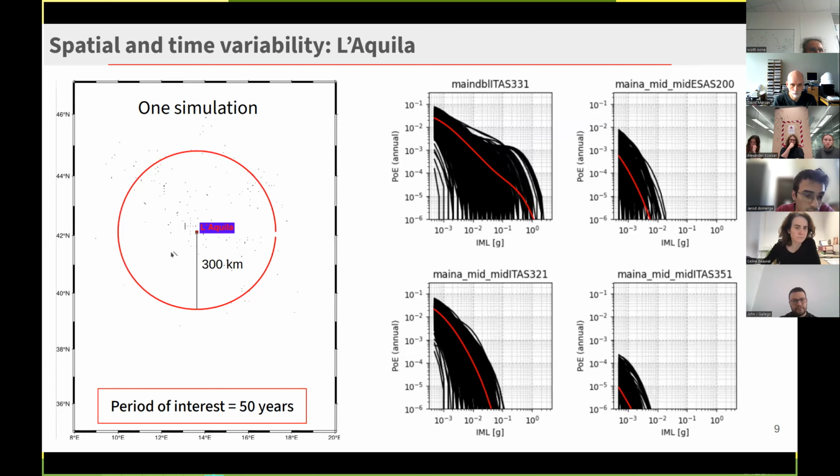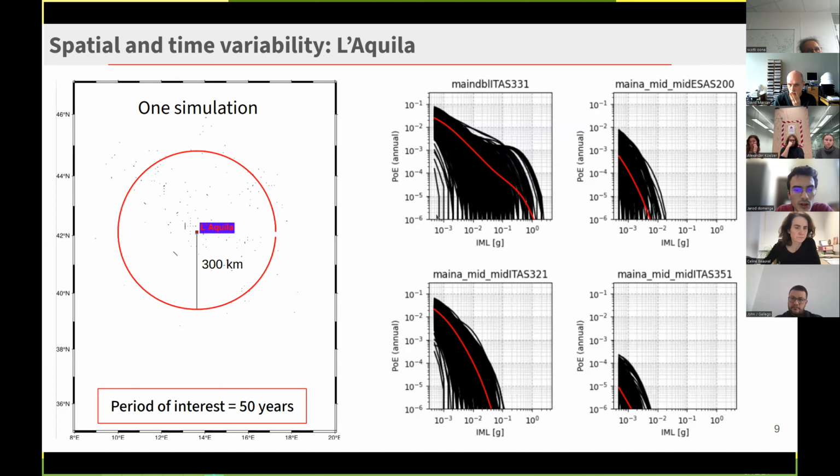So you can see different ruptures that are set everywhere in this region. And for every region, I will try to see the contribution of each region to the hazard at L'Aquila, which means that for each region, I will have another curve for every simulation.